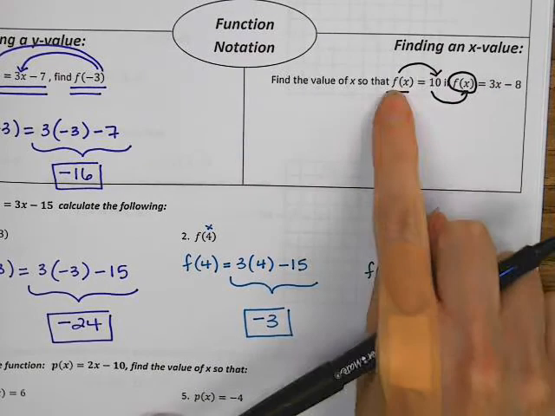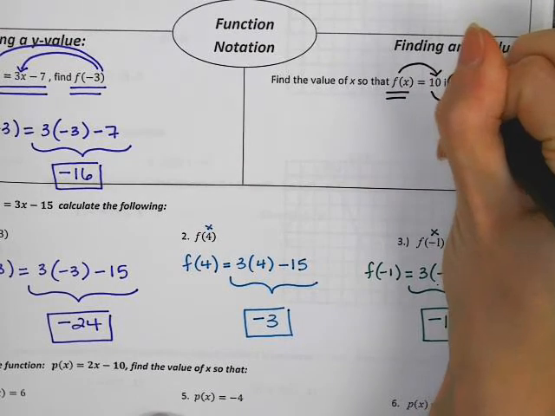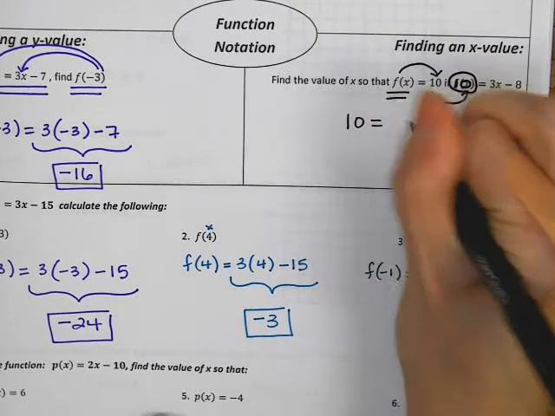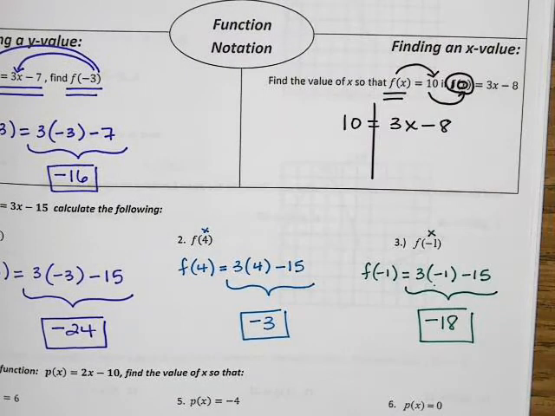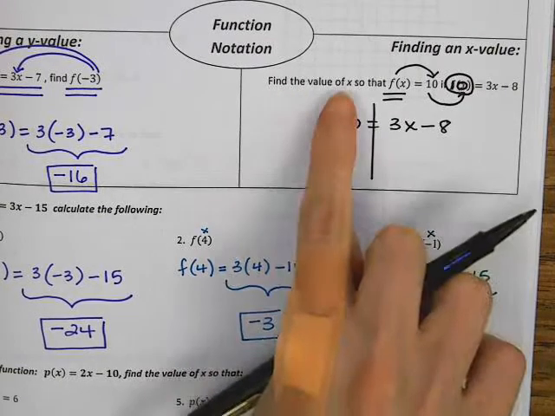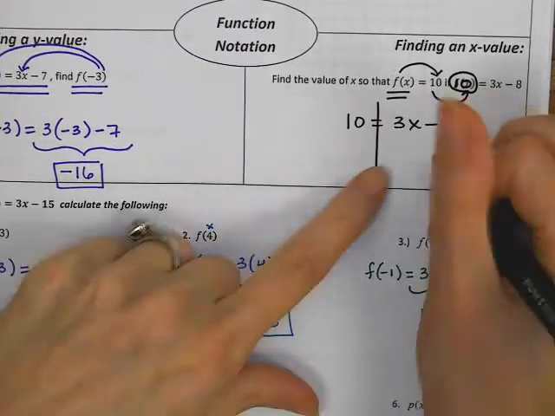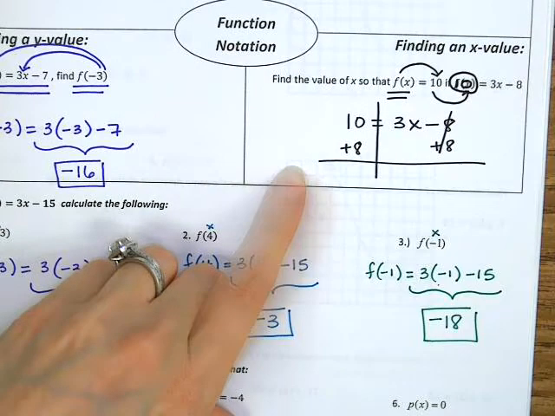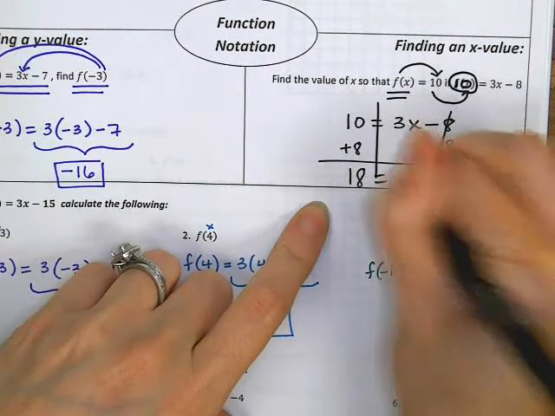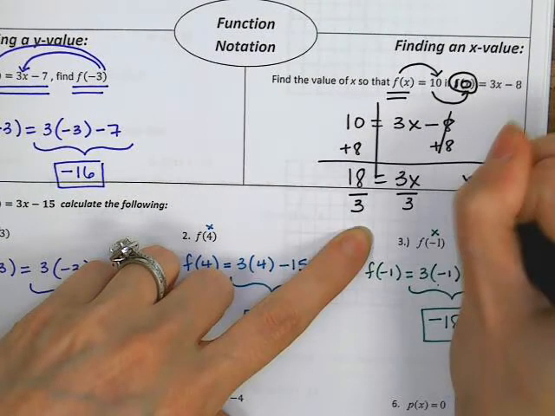All right, so if they give you the function value is 10, that means you put the 10 here, and you rewrite the problem, and you draw the wall to solve for x. Do you guys see the difference? This one, they want you to solve for x. Okay, so go ahead and plug in 10, and then to solve for x, you would add 8, right? You guys are good at these. So that's 18 equals 3x, and then you would divide by 3, so x would be 6.